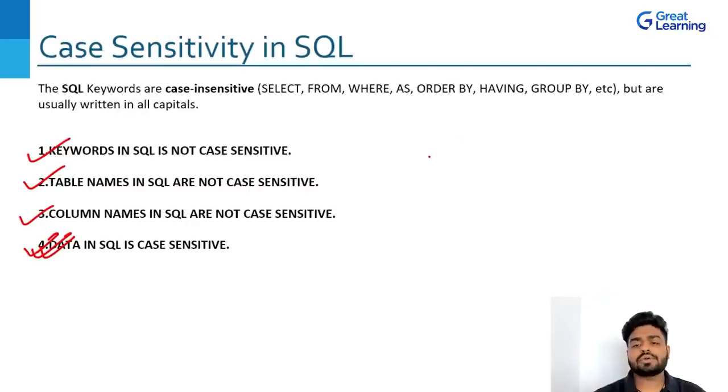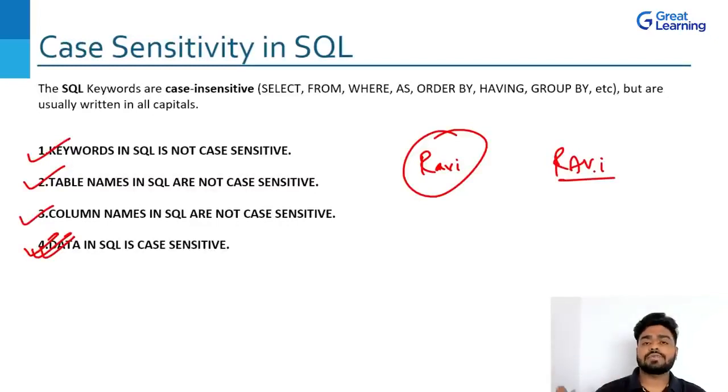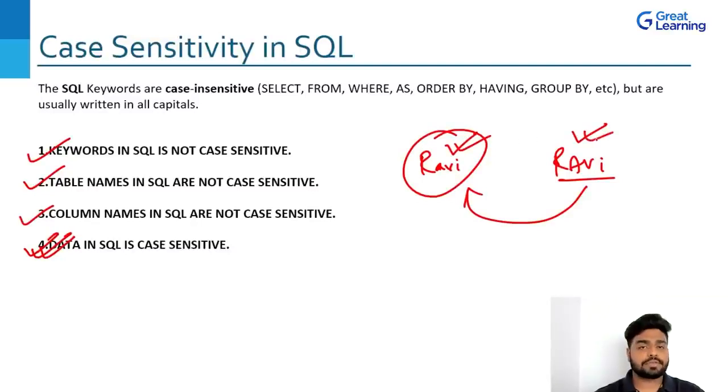The reason is, suppose you are saving one particular data as Ravi, which is small letters. Now if you are asking for a particular data which is capital R, A, V, small i, obviously these two have many differences if you can see, right? The name is the same, but the writing pattern is different. Now this Ravi can be a different person and this Ravi can be a different person, right?